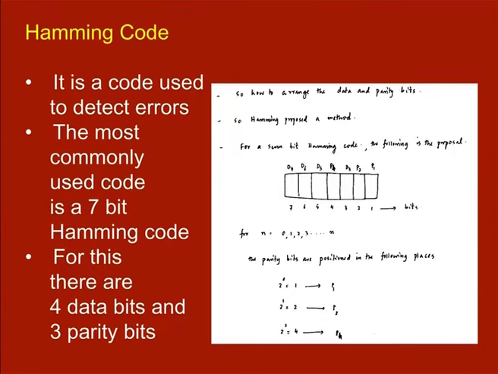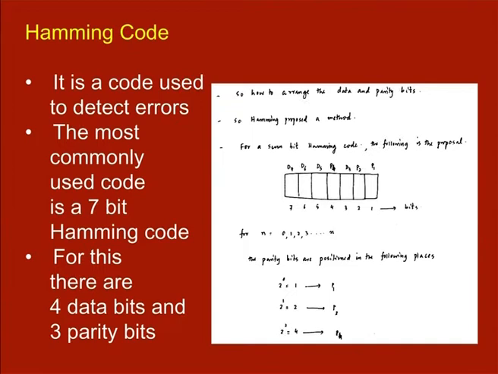So, how to arrange these 4 data bits and 3 parity bits in the 7-bit signal that we want to send from the transmission end to the receiver end? For that, Hamming proposed a method, and for a 7-bit Hamming code, the following is the proposal.